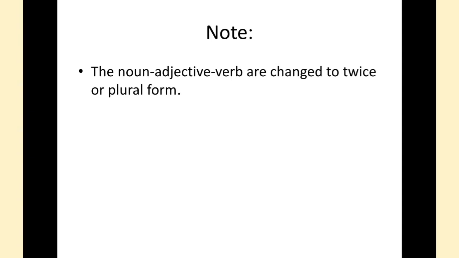The same goes for the plural. We change the whole word. Noun means in Arabic al-ism, adjective means al-na'at, verb means al-fi'l, twice means al-muthanna, and plural means al-jam'. This is for your knowledge, you don't have to know them.